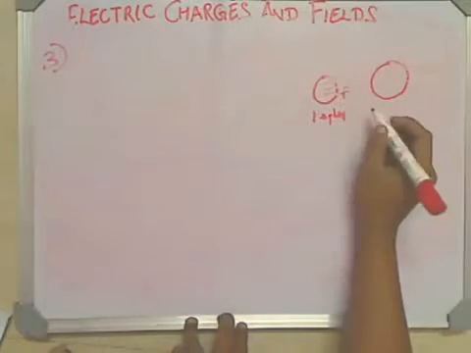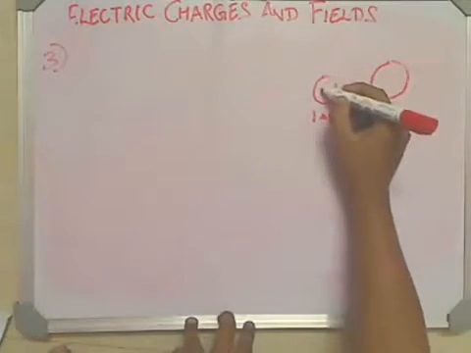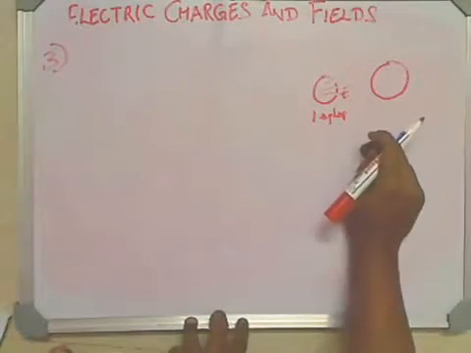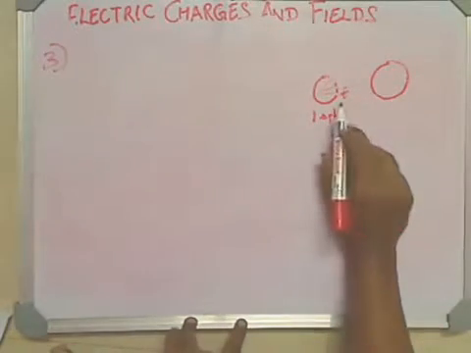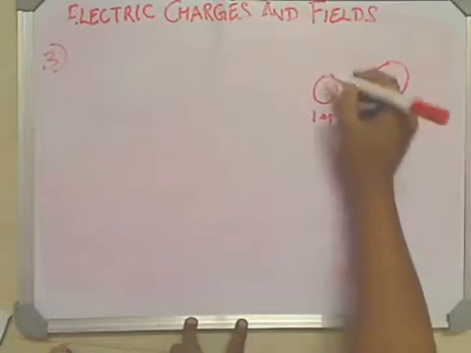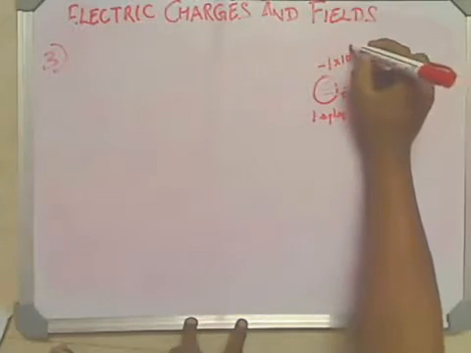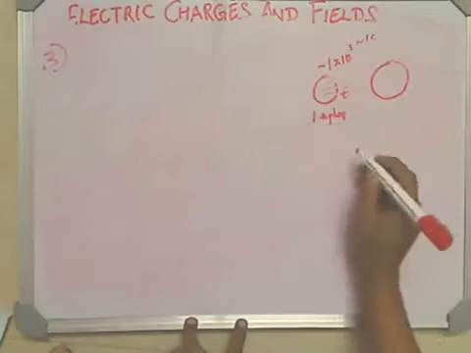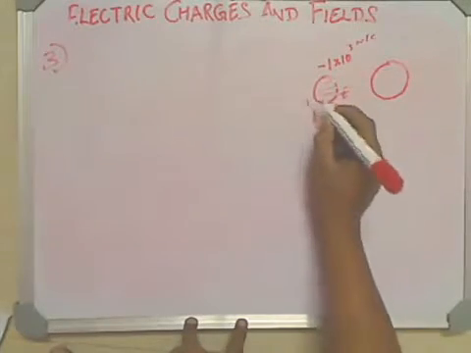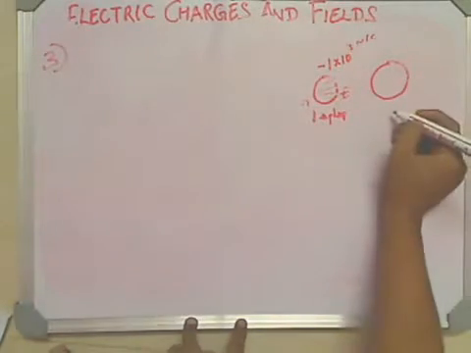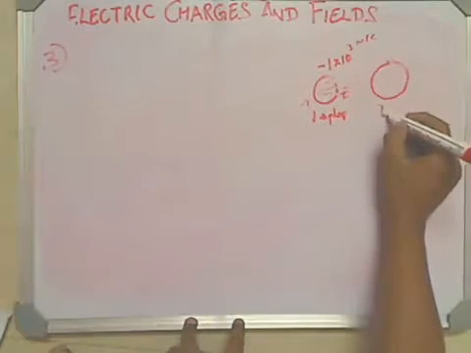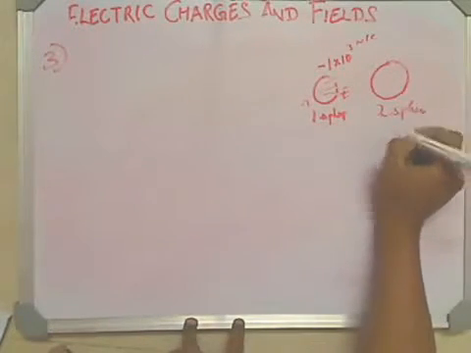The electric lines of force are being caused because of a charge being present here. In the first sphere, the electric flux happens to be -1 into 10 to the power of 3 newton per coulomb. Now, if the radius of the sphere were to be doubled, obviously it becomes bigger. In the second sphere, what would be the flux?